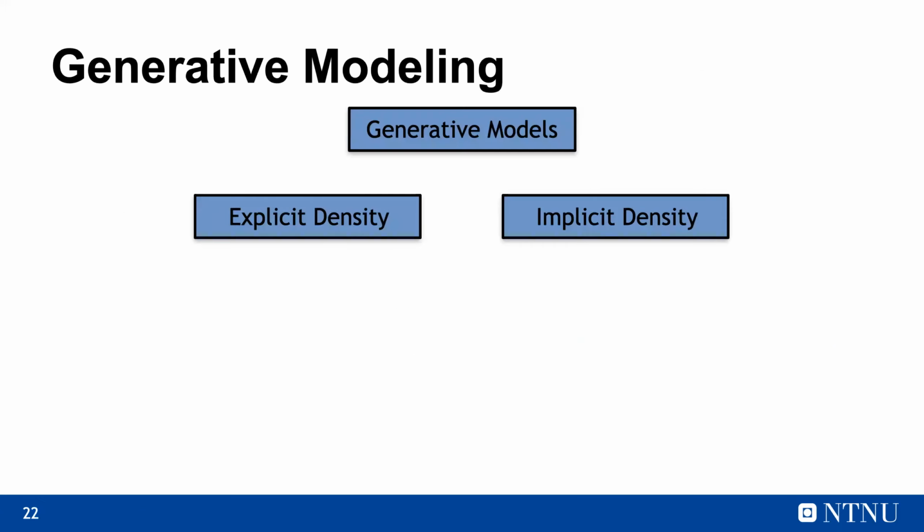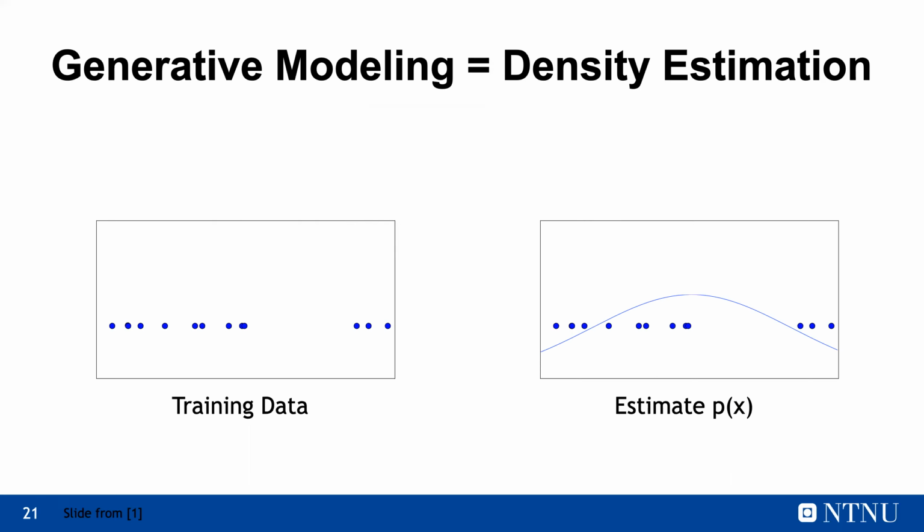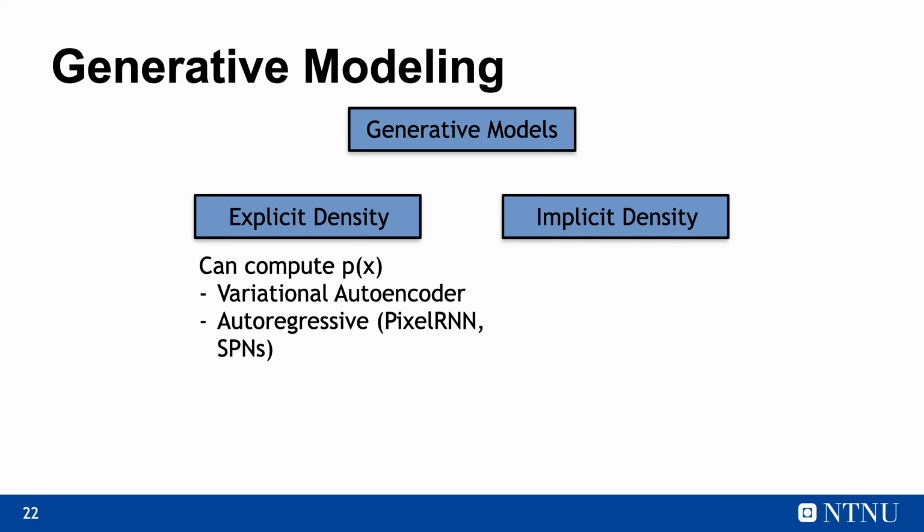Generative models are often divided into two different categories, where we have explicit densities and implicit densities. And this is all based on what assumptions we make about the training distribution or your data distribution. Explicit density can often compute the probability of the distribution, and examples of this are variational autoencoders or autoregressive models.